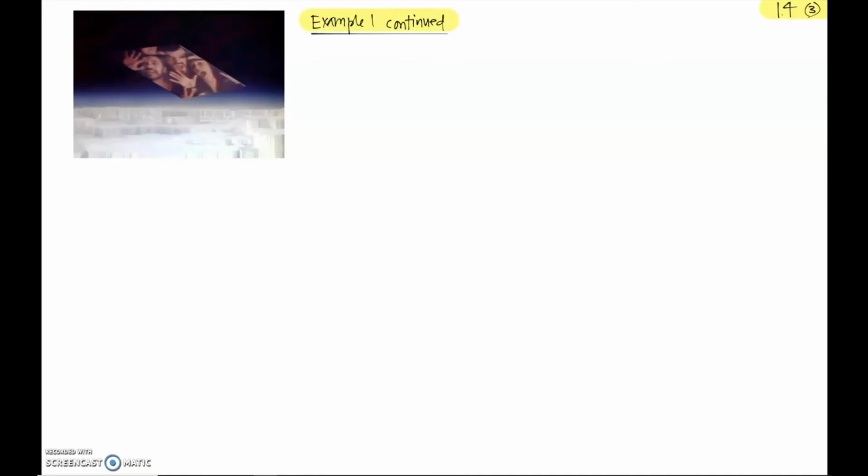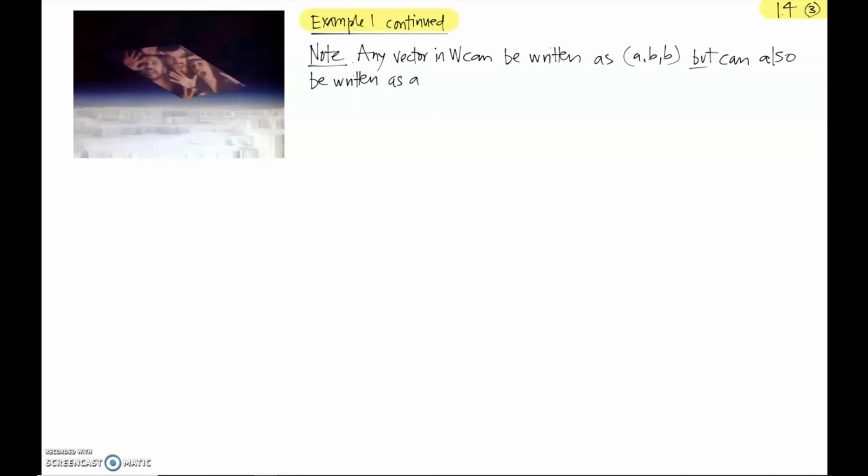Okay, so to summarize what we just learned, still on example 1, any vector in W can be written as, of course, (a, b, b). That was how it was introduced, but it can also be written as a linear combination.